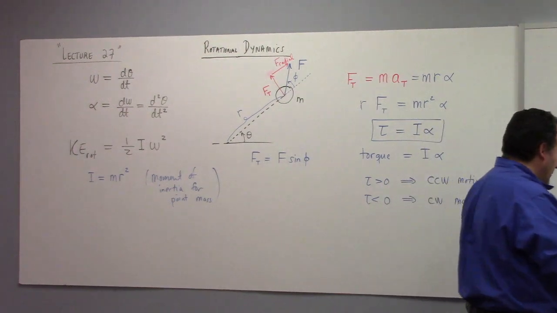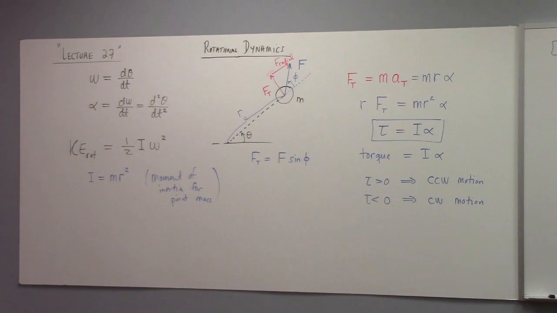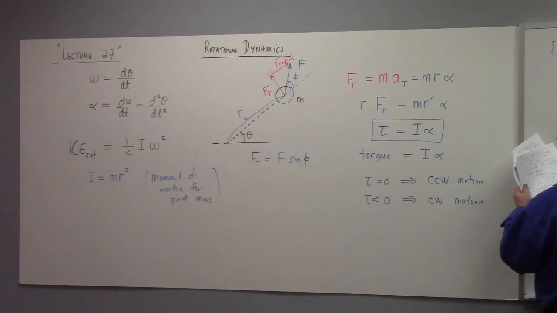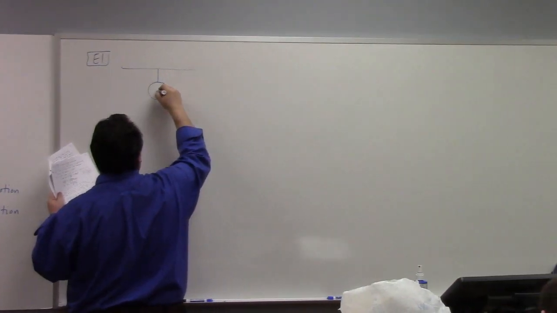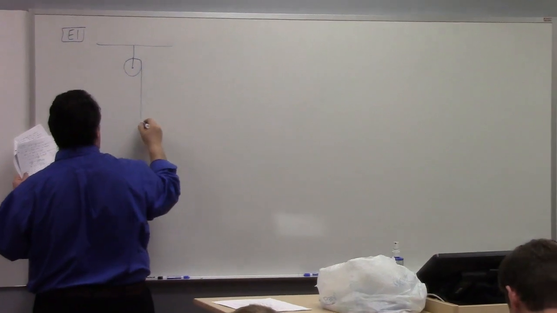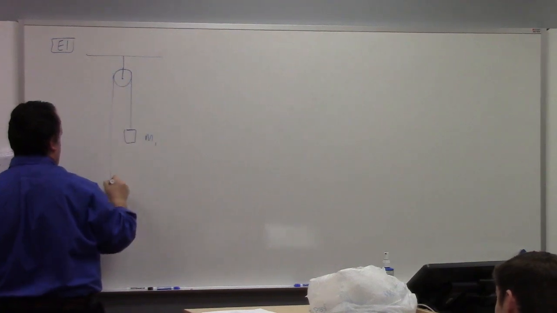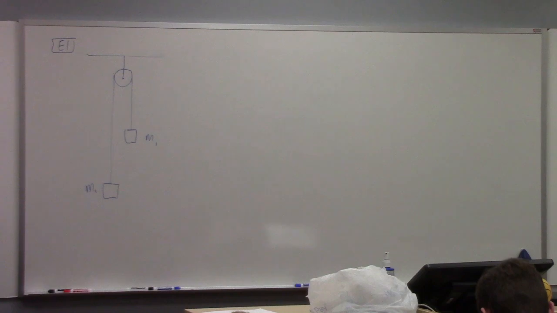Anyway, example 1. I'm going to skip past my example 2, which is interesting, but let's start with something easier. Let's go to example 3 in my notes. So you've got a pulley. And on one side you've got mass 1, and on the other side you've got mass 2, all right? And we're still going to assume that the rope is essentially massless.